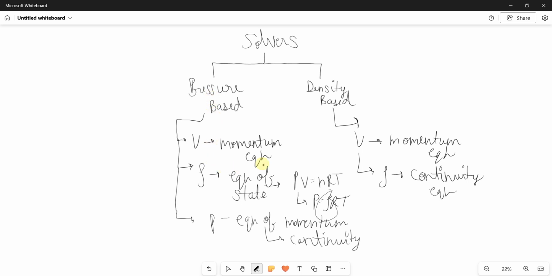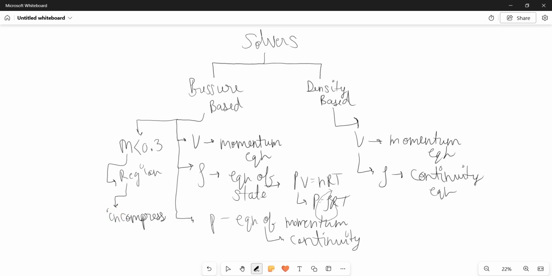Your pressure-based solver is usually used for conditions where your Mach number is less than 0.3. What does this condition mean? It means that your domain of solving, the region of flow, is incompressible.